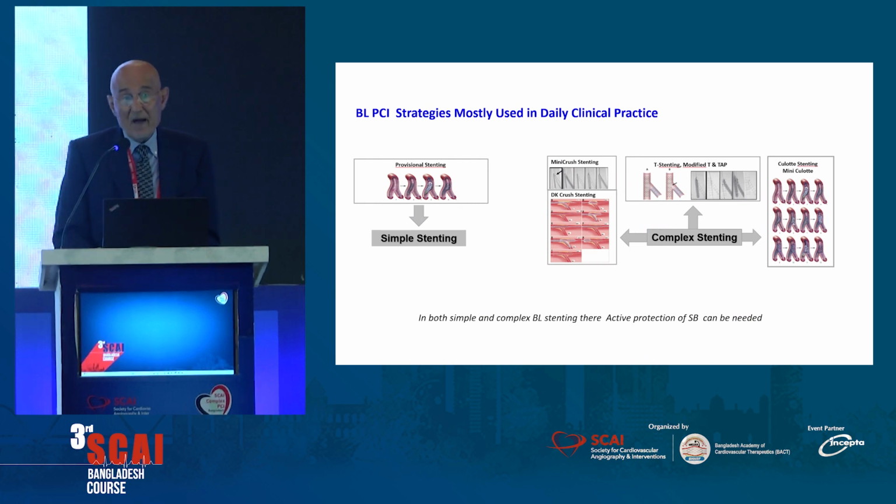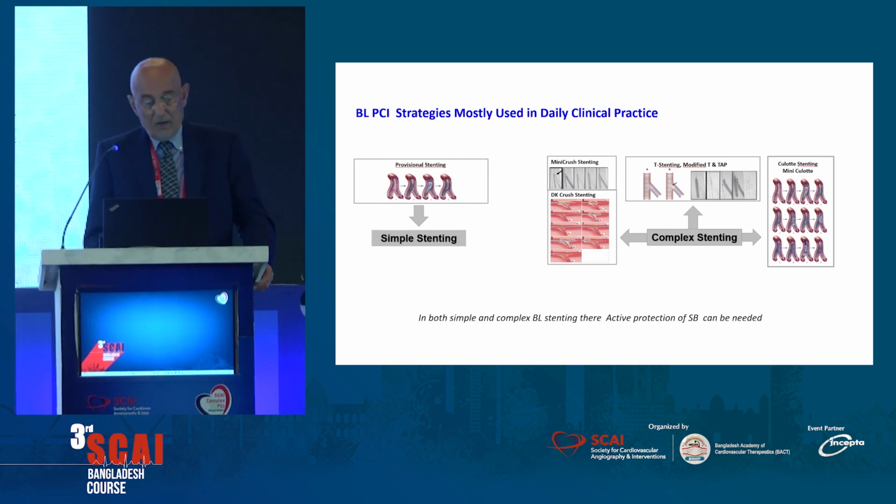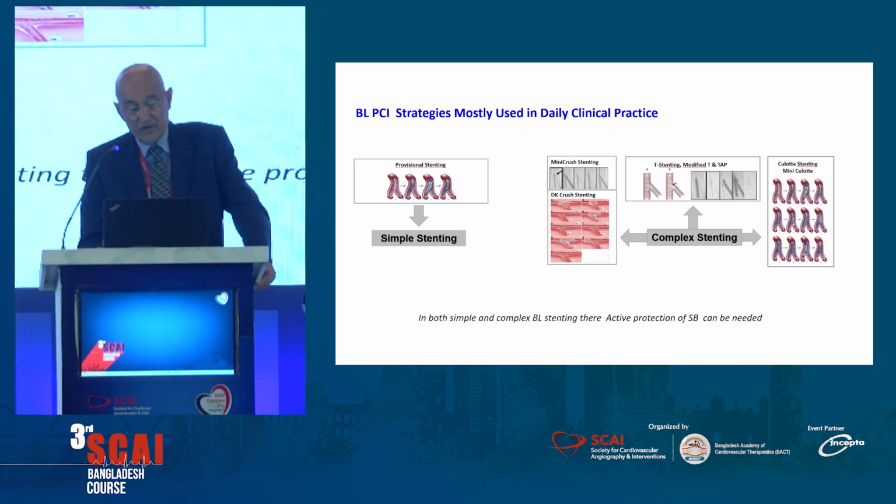And what happens normally to lose, or to risk the loss of, a side branch during both simple stenting or complex stenting, be that provisional or two-stent procedures?